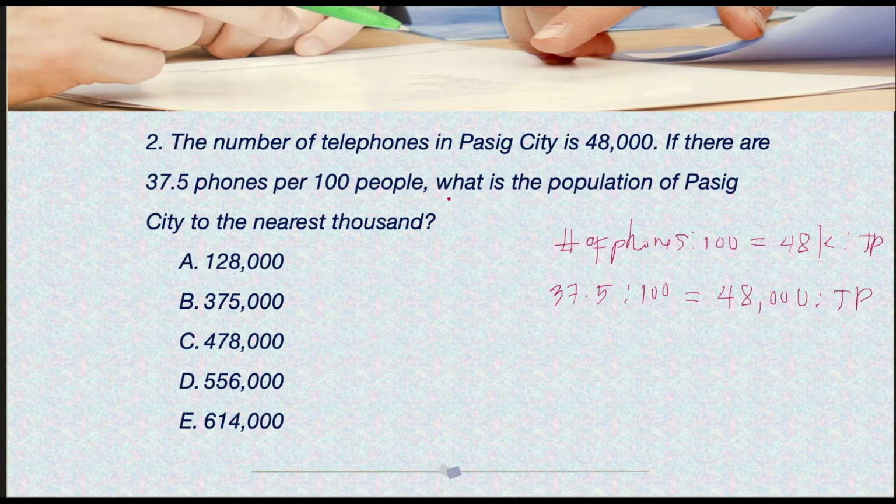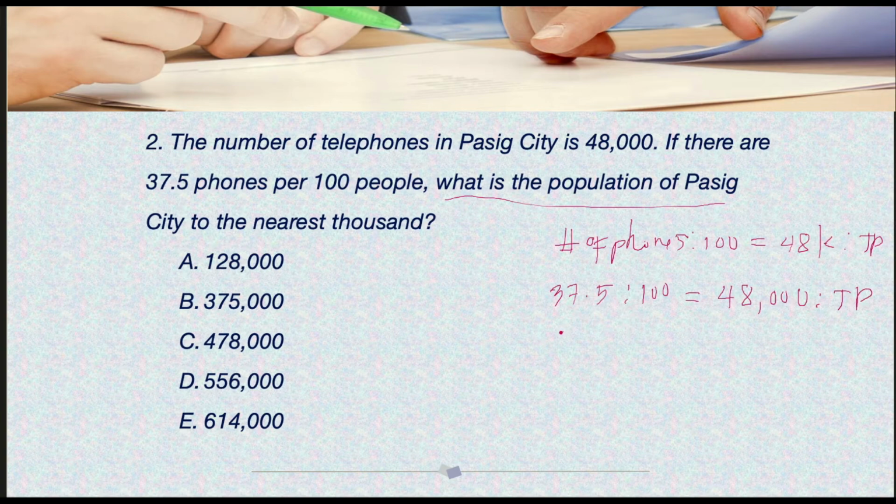The question is what is the total population of Pasig City to the nearest 1,000. Remember that in a proportion, the product of the means is equal to the product of the extremes.